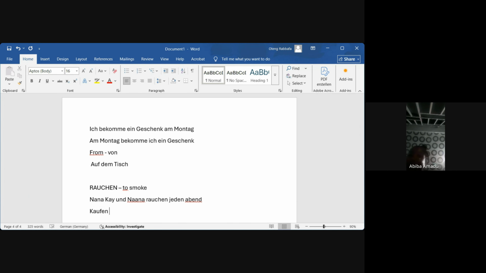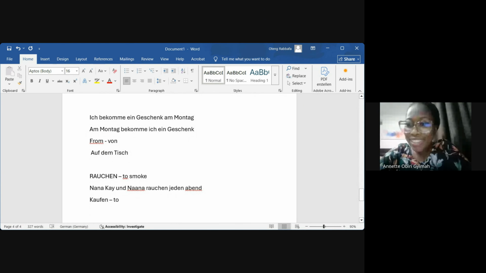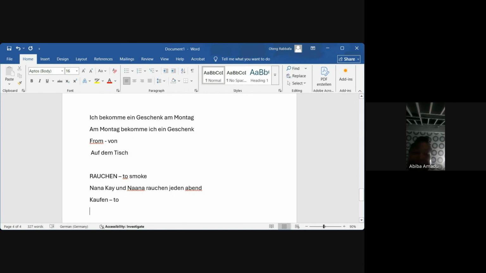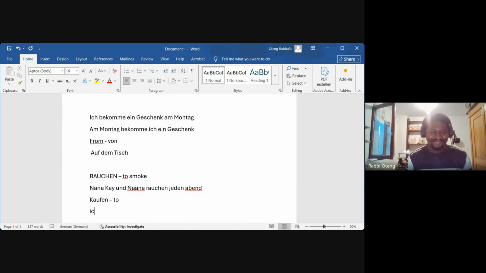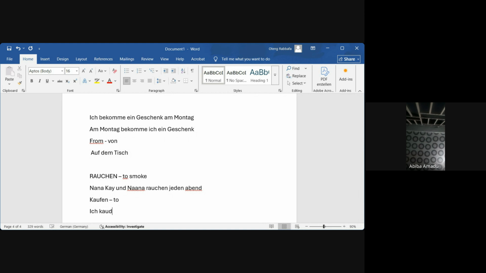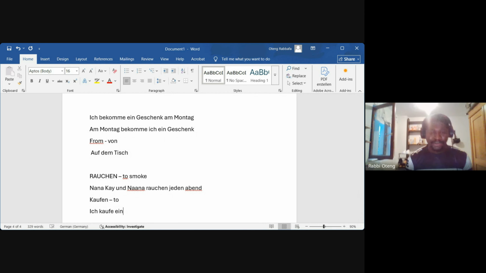Kaufen. Meaning to buy. Okay. Prepare it into a sentence. Is kaufen and book. So Abiba, call someone. Give the next verb and call someone, then you can leave.